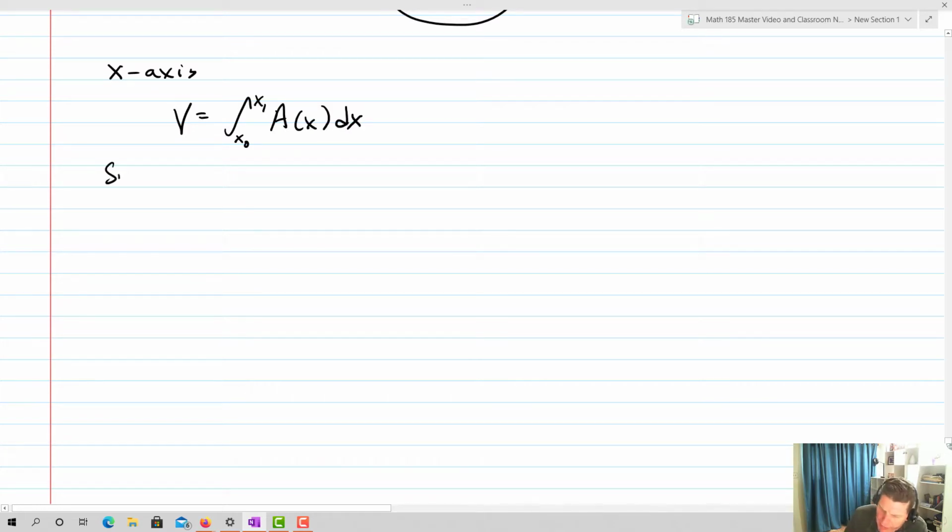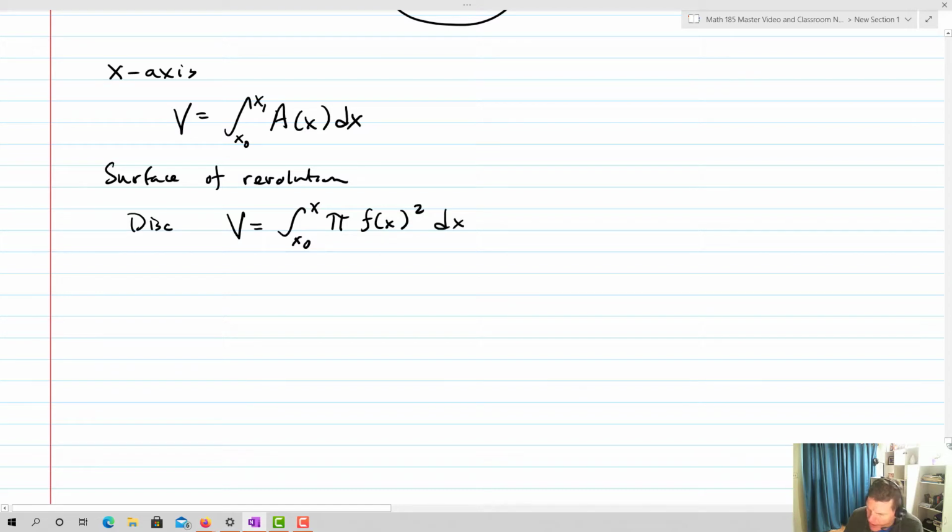And if we're working with a surface of revolution, then either we have a disk, which is a solid disk, and my volume is going to be equal to the integral from x0 to x1 of pi f of x squared dx. So basically, that's a circular cross-section.